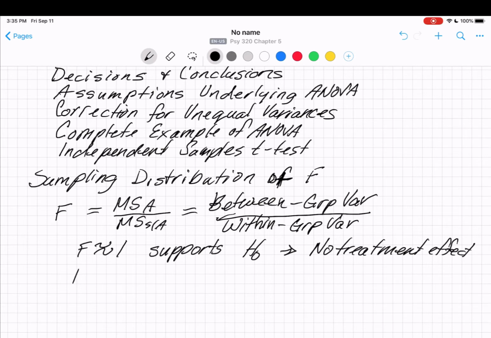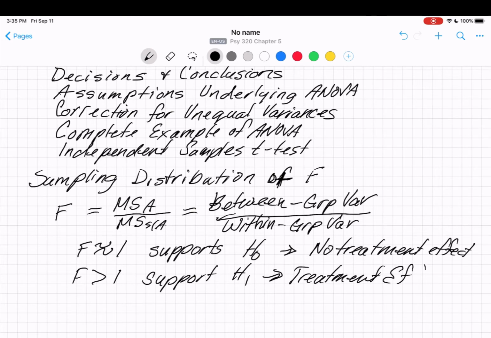On the other hand, if F is greater than 1, that tends to support the alternative hypothesis that there is a treatment effect present. Okay, that being said, we've talked about this fact that, well, how much bigger than 1 does it have to be before we're confident that we have a treatment effect present?